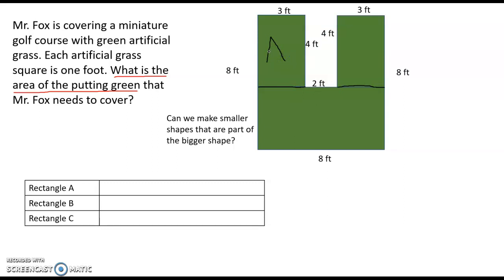We're going to make this rectangle A, we'll make this rectangle B, and we'll make this one C. I see that right here it tells me this is 8 feet. Well, knowing that this side is 4 feet, I know that this side is also 4 feet because it is a rectangle.